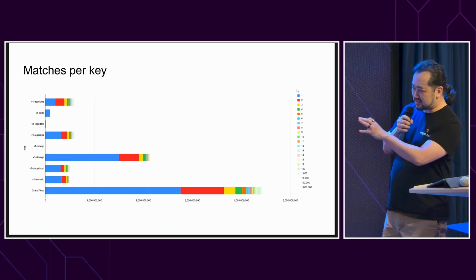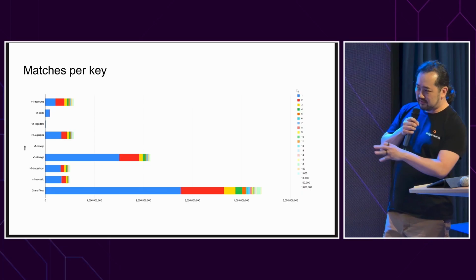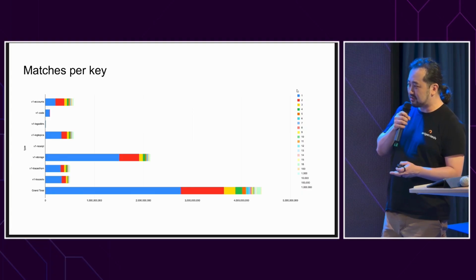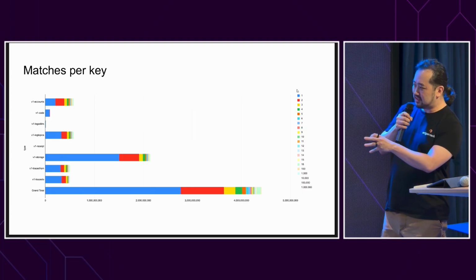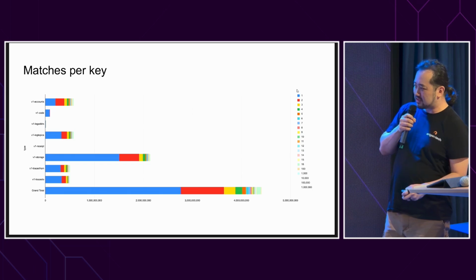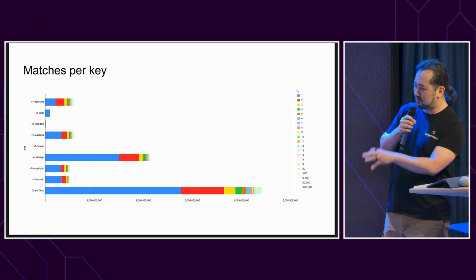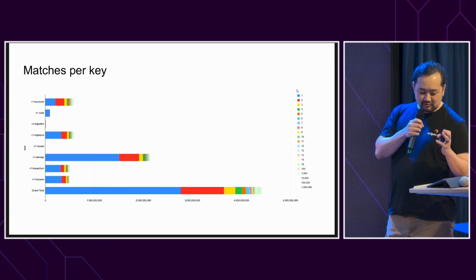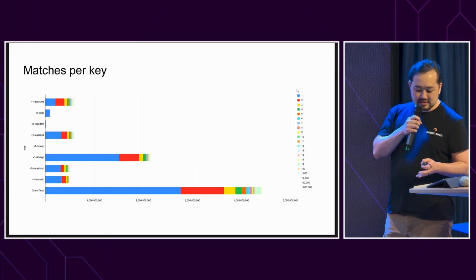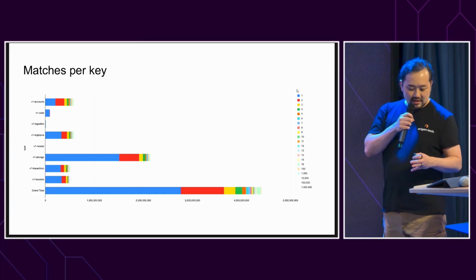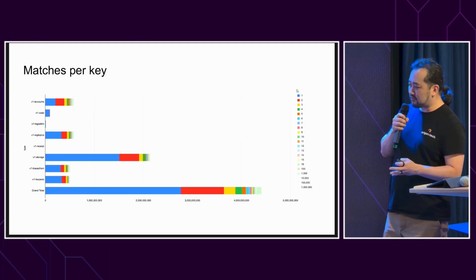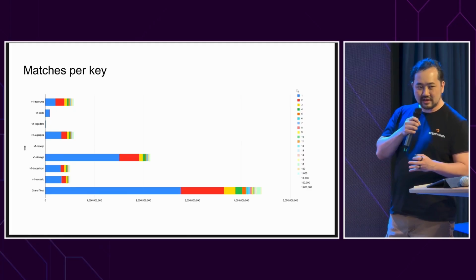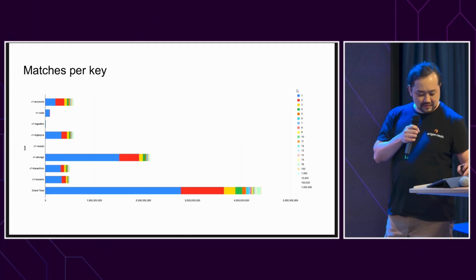The important thing to understand here is the blue and red bars. The last bar, the blue and red sections, represent the number of keys that have one or two occurrences in the entire history. Notice how they're most of the occurrences inside the Erigon index.